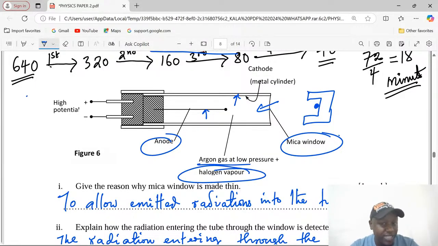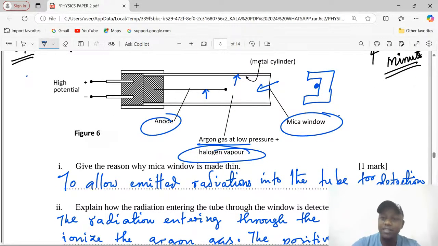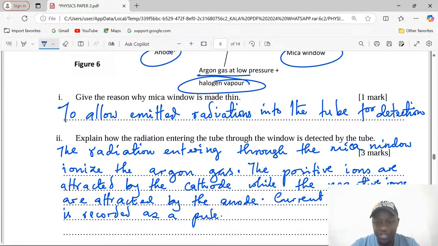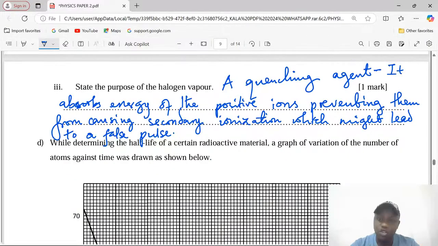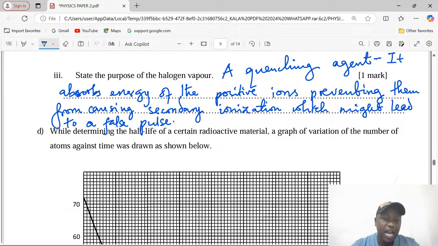Ionization leads to emission of ions, which might get detected. Once they are detected, we will get false results because we might think we are dealing with the radioactive substance, yet it is the positive ions from the first ionization causing a second ionization, which we call the secondary ionization. So to prevent that, we have a quenching agent, which is the halogen vapor.